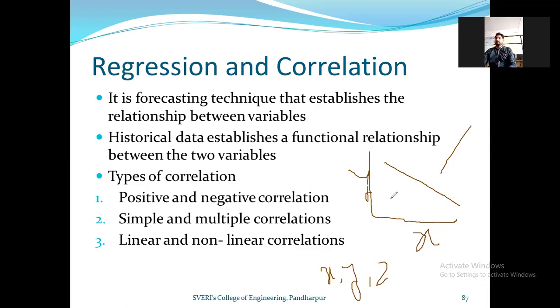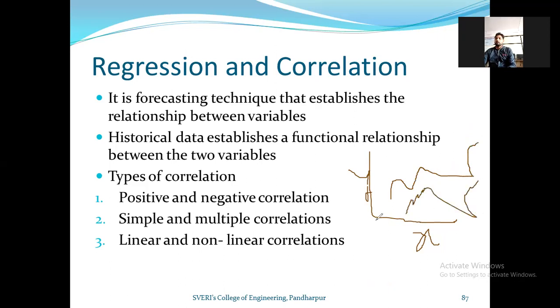Non-linear means what? If you consider the fluctuation, like this, or like this, these are non-linear relations. Or say one point is here, another point is here, another here, here one point, here one point.